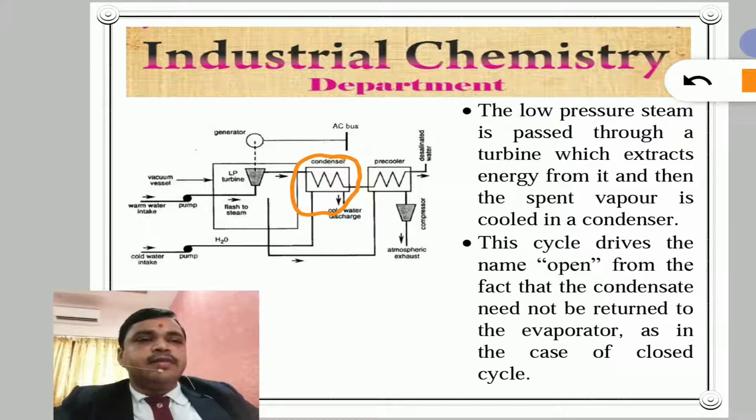This cycle derives the name open from the fact that the condensate need not be returned to the evaporator, as in the case of the closed cycle. This is a very important point. In the introduction, we classified ocean thermal energy into two types, open cycle and closed cycle.